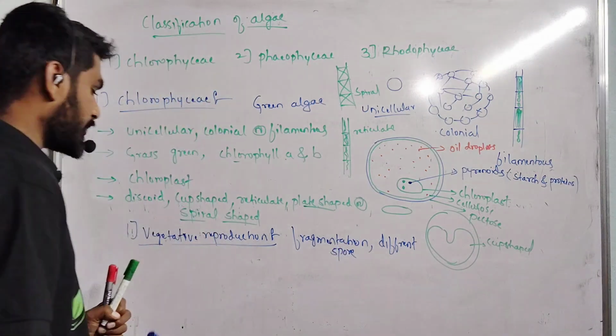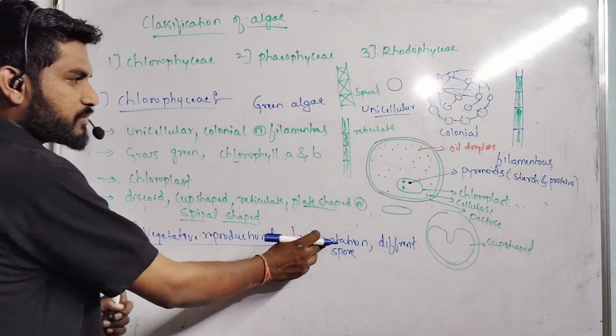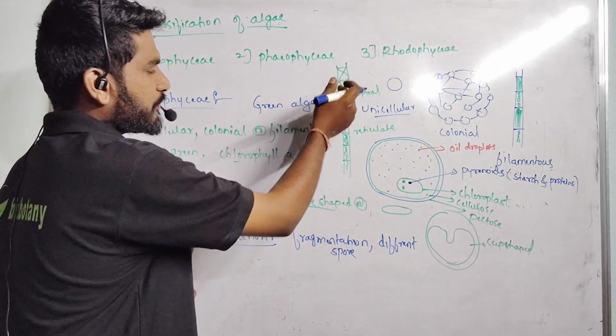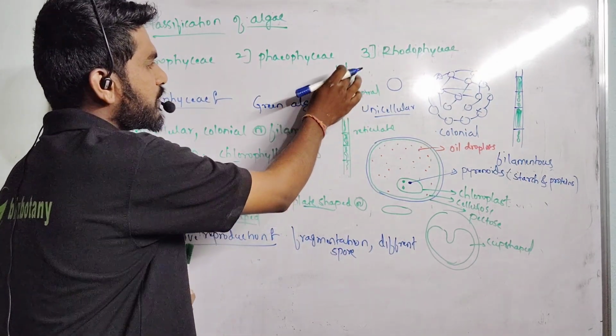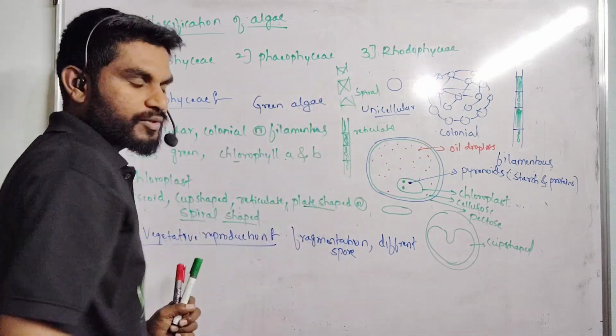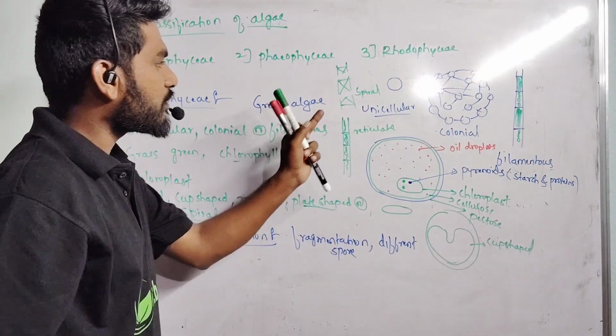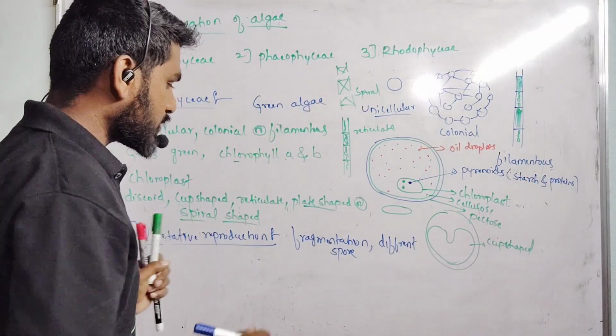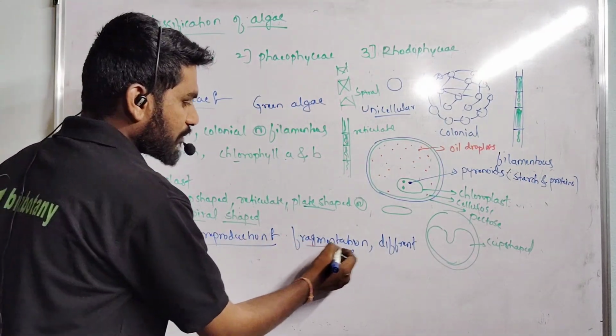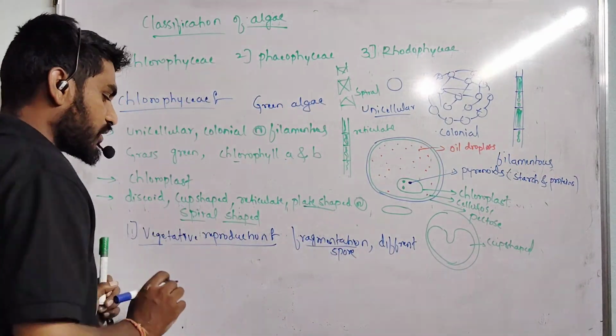Fragmentation means the complete algal plant body will break down into pieces. Each piece, during favorable environmental conditions, grows into a new plant body. Such reproduction is known as fragmentation, which comes under vegetative reproduction.